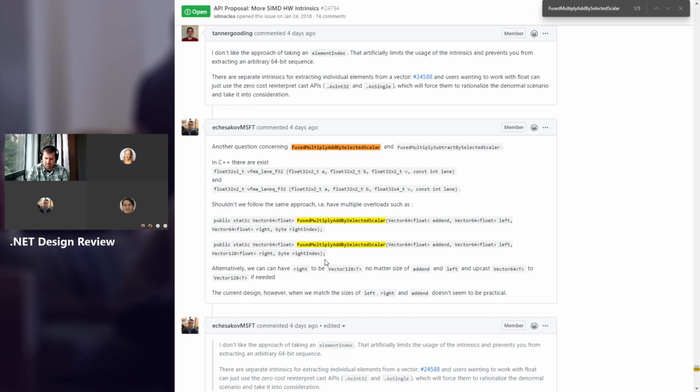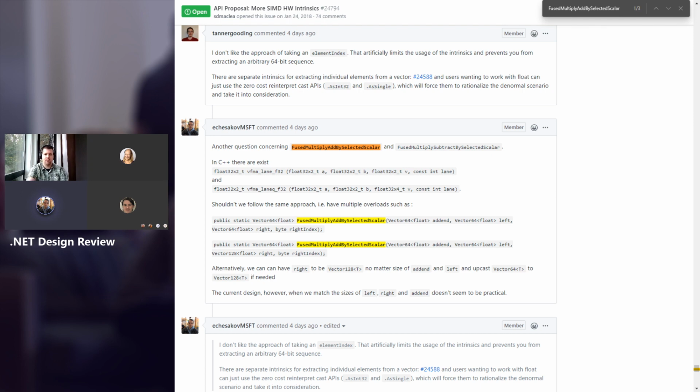So yeah, in C++, there are multiple overloads for fused multiply add by selected scalar analogues. Basically, we have overloads that have the same vector size for left, right, and addend operands. In C++, right size and addend and left sizes are independent. So they have basically 4 different overloads instead of 2.